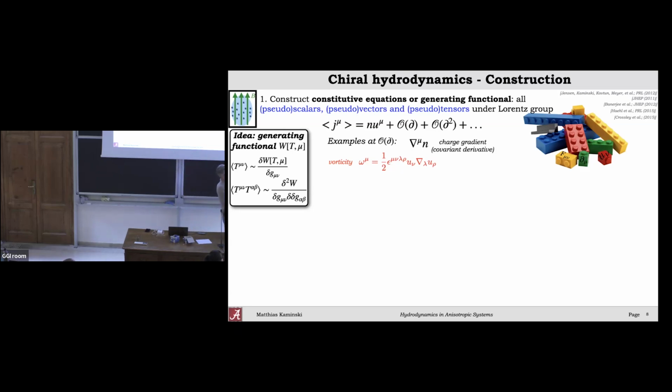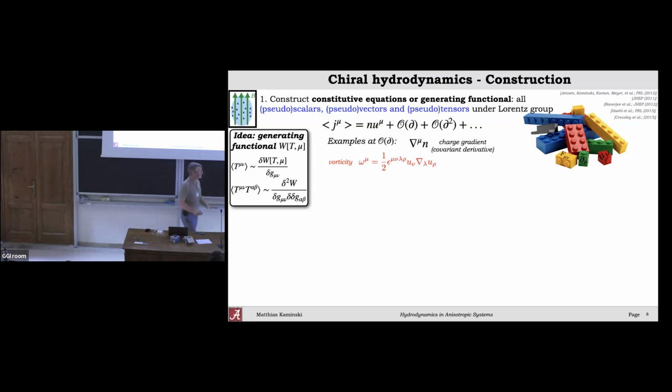Alternatively, for everything that does not produce entropy, you can also construct, and we did construct, the generating functional, and from the generating functional you can derive 1-point and 2-point functions. By now there are methods that do the whole derivation from Schwinger-Keldysh and so on.